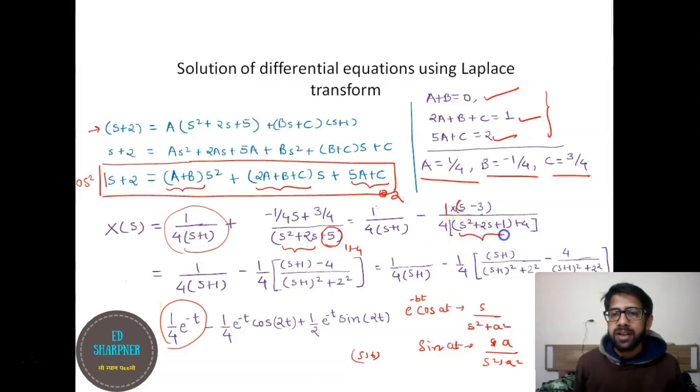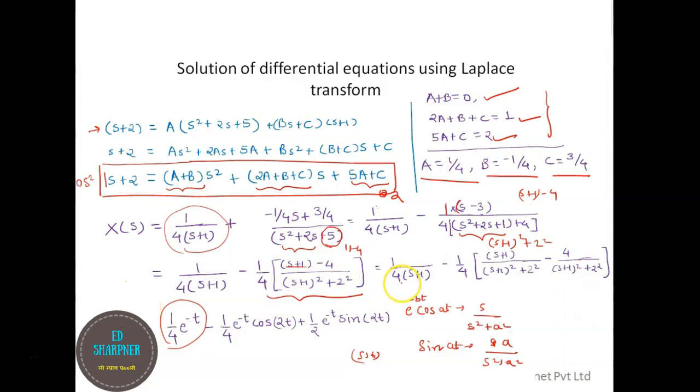This 1 makes a perfect square of s plus 1, and 4 is itself a perfect square of 2. So these are the two perfect squares. S minus 3 can be written as s plus 1 minus 4. So this is s plus 1 minus 4 over s plus 1 square plus 2 square. This is how the second term can be written.